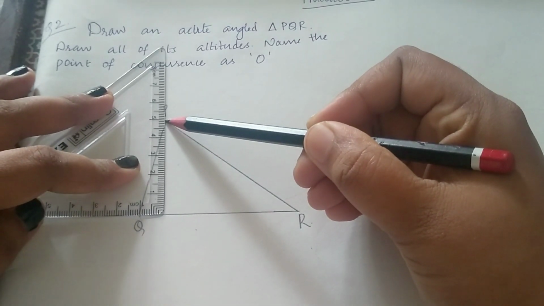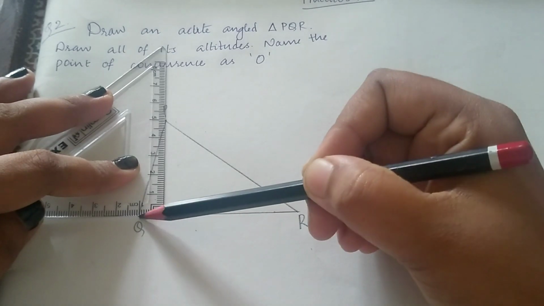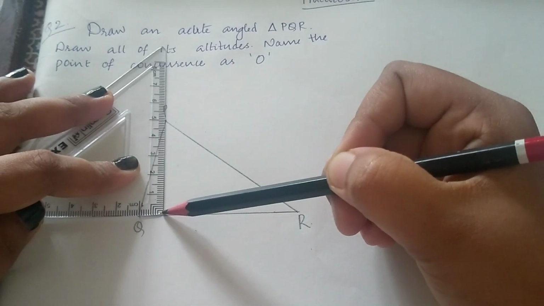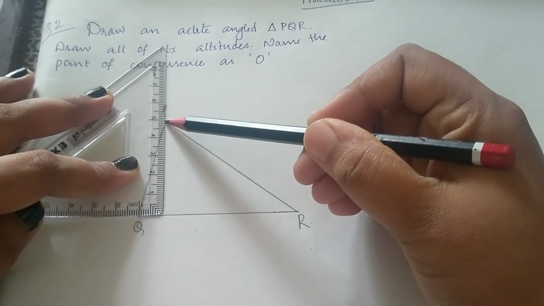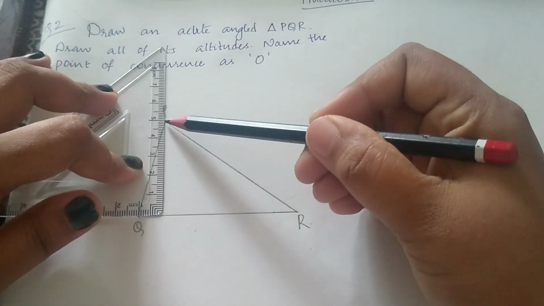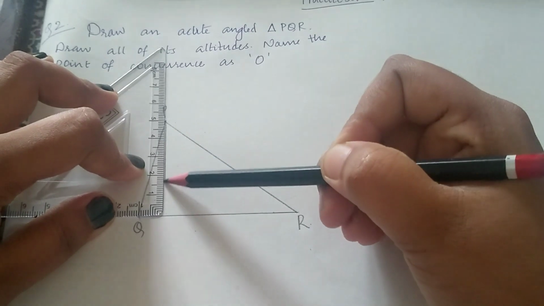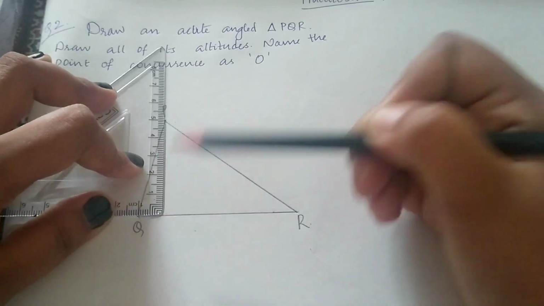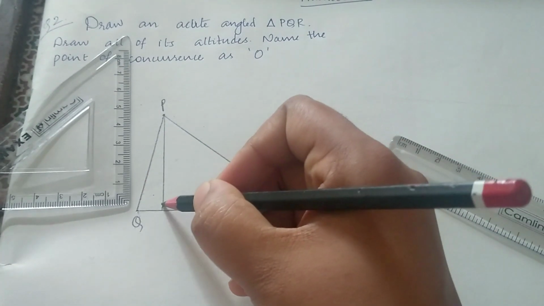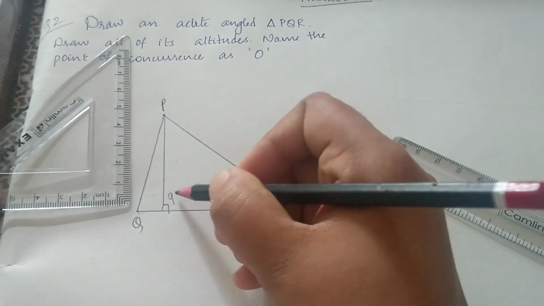So adjust the set square so that it is on the straight line, on the side, and at the vertex. When you get the vertex and the line, just draw a straight segment over here, a perpendicular line. You can name it as 90 degrees here.